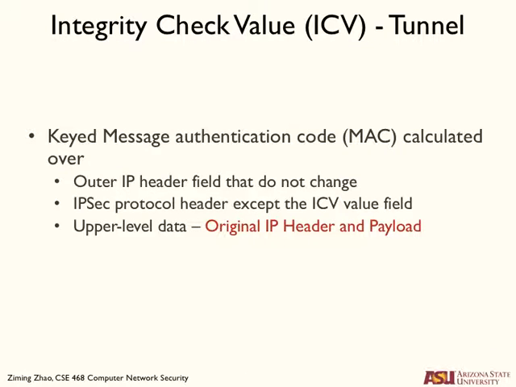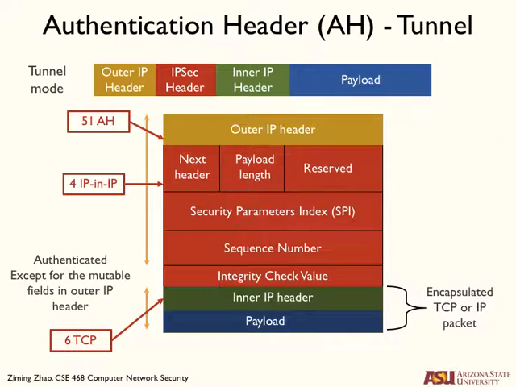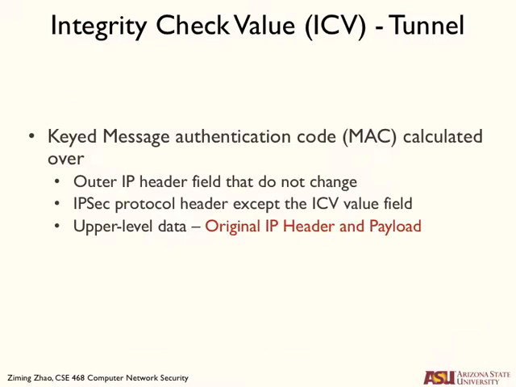So if we compare the integrity check value in the tunnel mode and transport mode, we can say that actually they do the same thing. The outer IP header fields, the part that do not change, because in this part, the mutable part, when we calculate the hash value, we will also skip that. But in the authentication header protocol, the outer IP header is the original IP header, just changed.